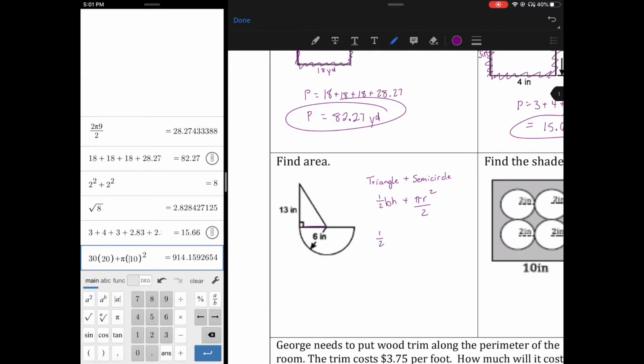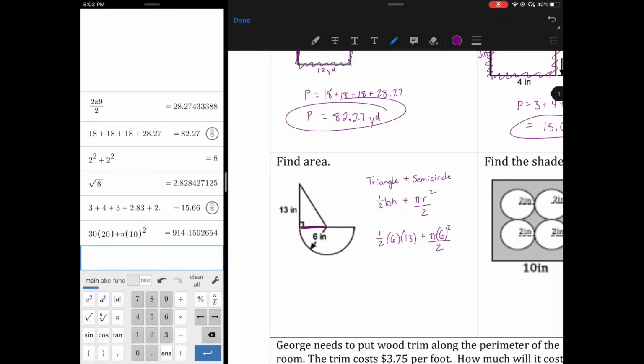And then I'll plug in my values. The base of my triangle is this bottom length, which is going to be 6 inches. The height is how tall it is, which is 13 inches. The radius of my circle is 6, and I'll divide it by 2.